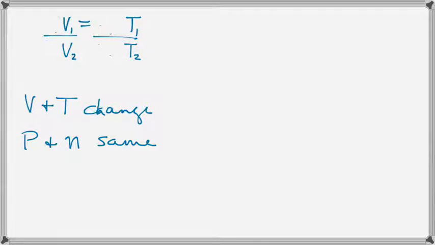So I get that V1 over V2 equals T1 over T2. That is the same as V1 over T1 equals V2 over T2. So I think that's easier than memorizing equations.